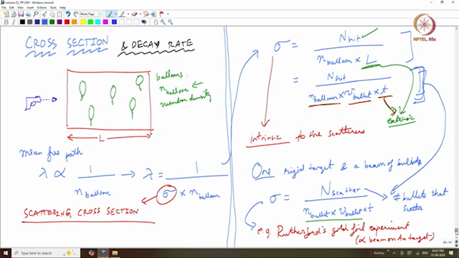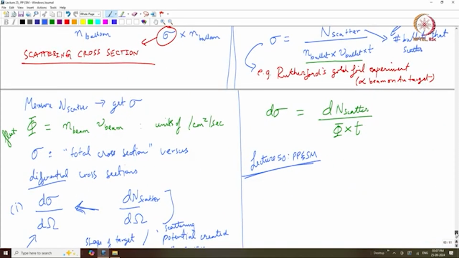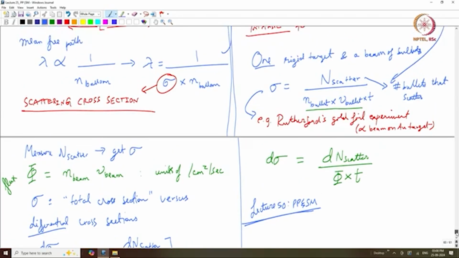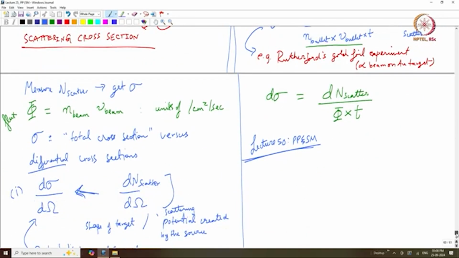So you can either think of this as one projectile hitting a number of target particles, or maybe a beam of projectiles hitting one particular target, right. So that is the notion we moved on to, which is what is usually done in real life situations. One example we saw of that was Rutherford's gold foil experiment, where he threw an alpha beam on a fixed target of gold foil particles, right.